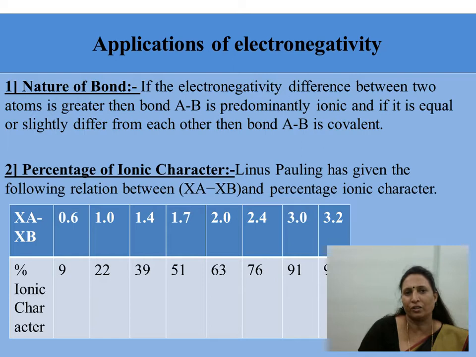If the electronegativity difference between A and B is greater, then the bond is ionic in nature, and if it is equal or slightly differs from each other, then the nature of that bond is covalent.